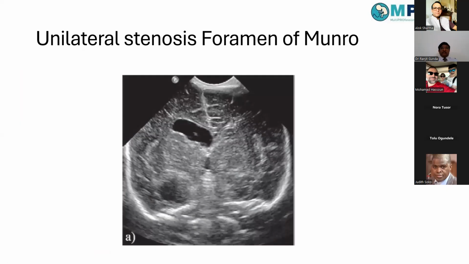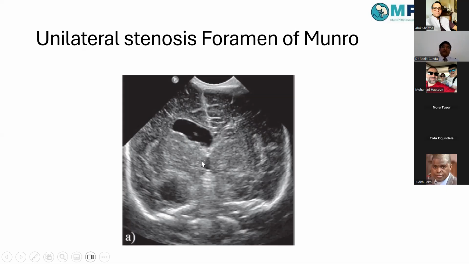Other things that we come across, like this, you can see unilateral dilatation of the lateral ventricle. Sometimes, because it's a premature baby, asymmetrical lateral ventricles are a common picture, but in this situation there's a huge right lateral ventricle, while the third ventricle is not dilated and the left ventricle is not dilated.